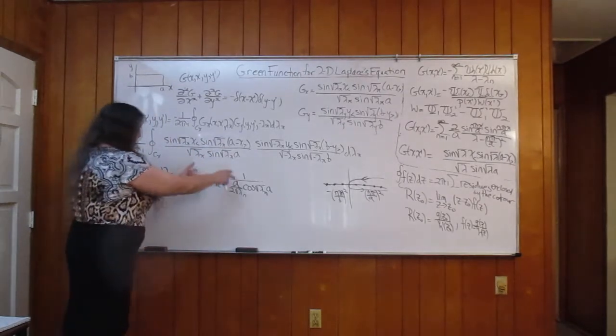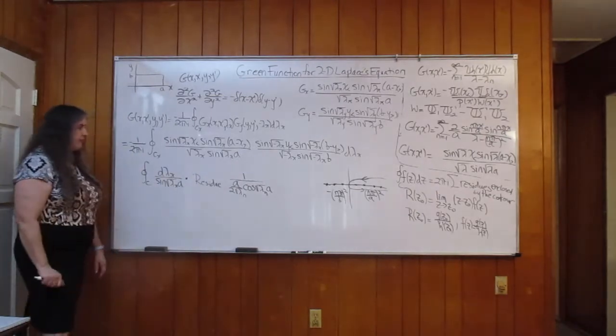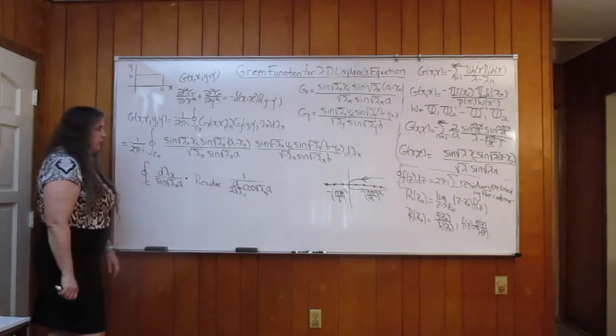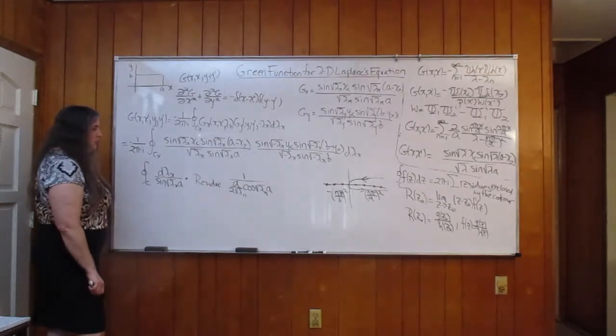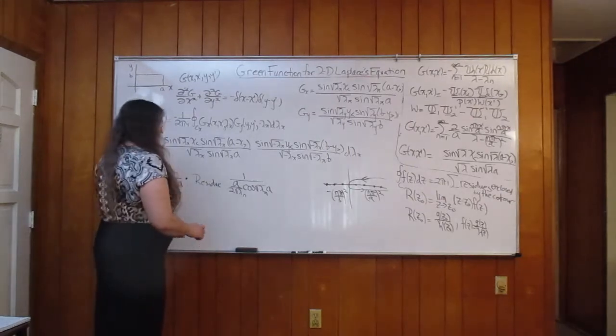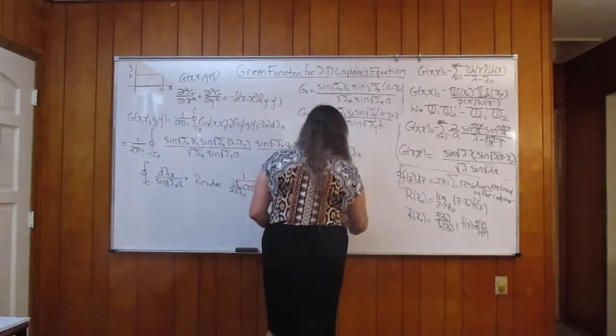And then again, the residue due to this particular factor is going to result in 1 over a over 2 square root of lambda n cosine square root of lambda n a. And let's see, I'm just going to go ahead and erase this.